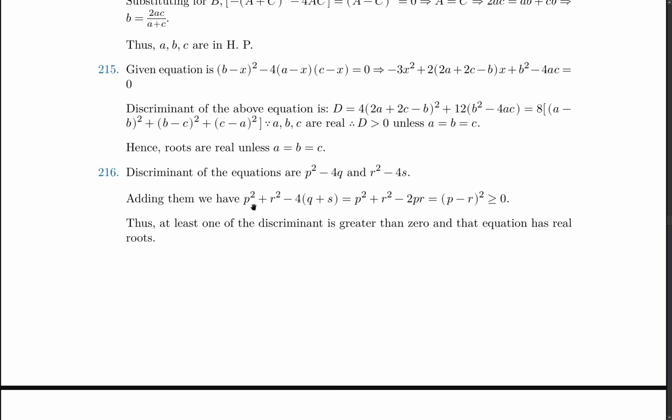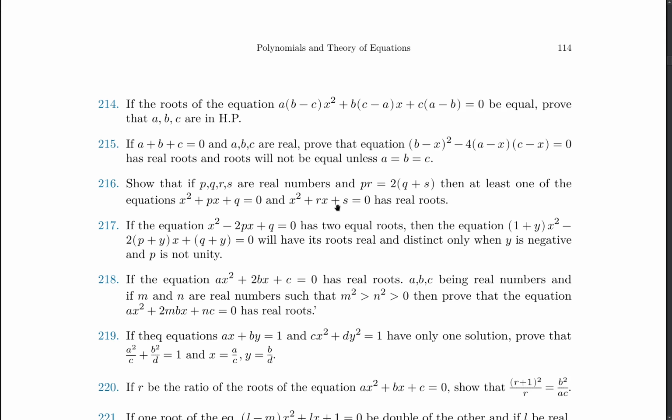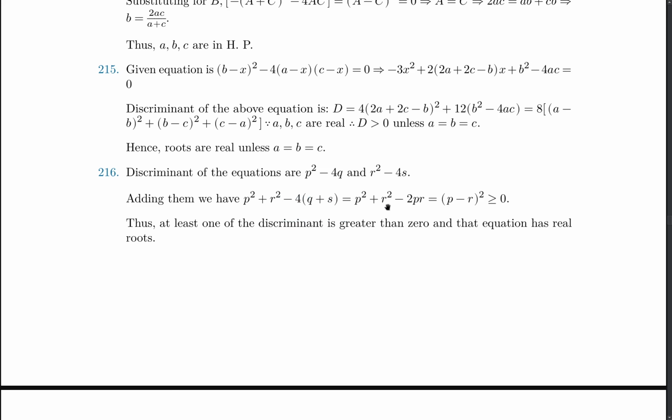We add them, we get p square plus r square minus 4 into q plus s. Now we are given pr is equal to 2 into q plus s. So it becomes p square plus r square minus 2pr, that is p minus r whole square greater than or equal to 0.